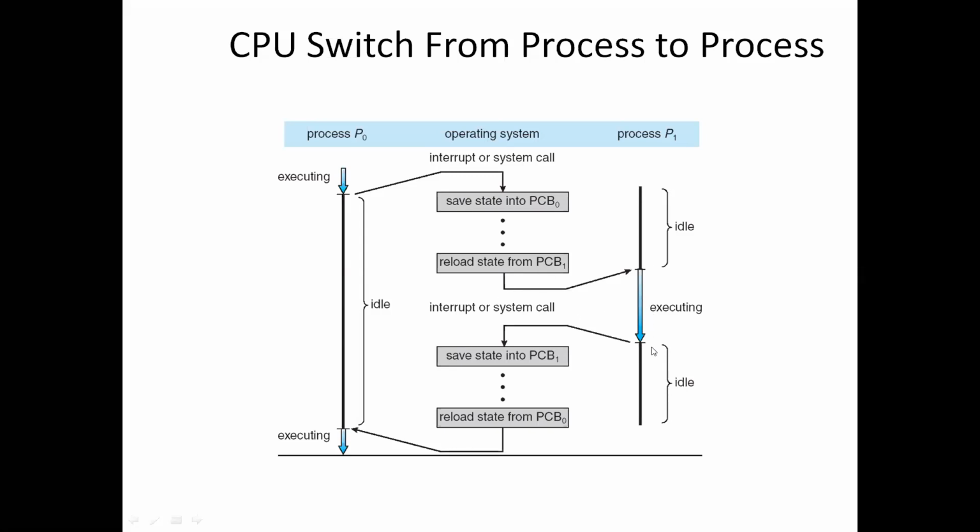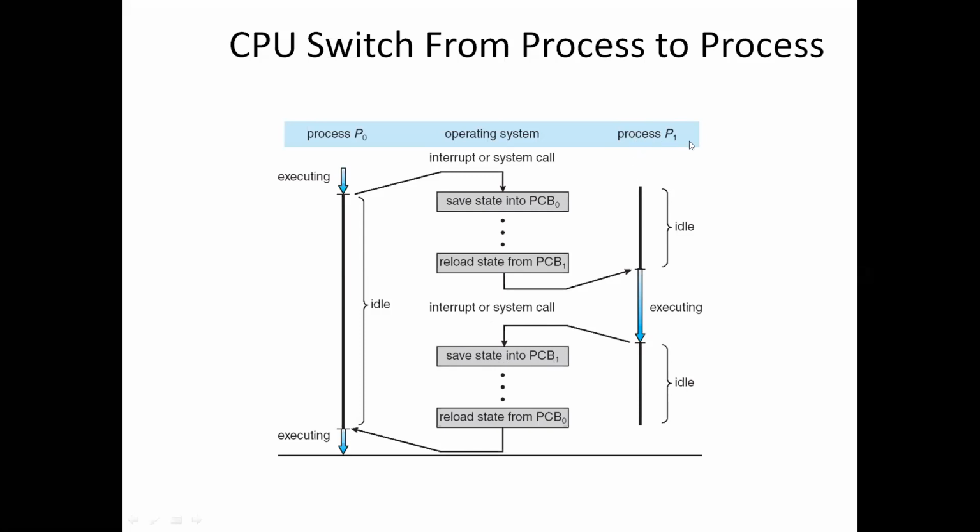After completion of that interrupt execution, again it will save the state information of process P1 to the process control block 1.